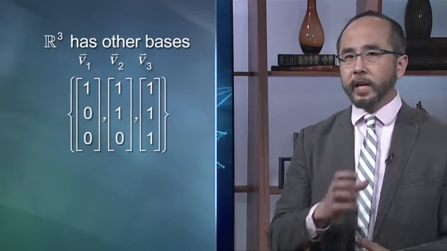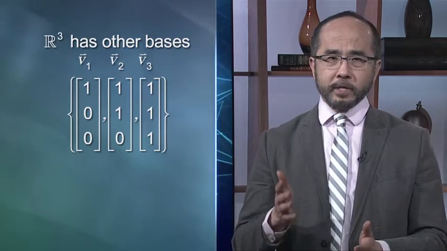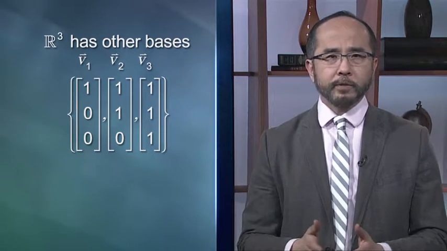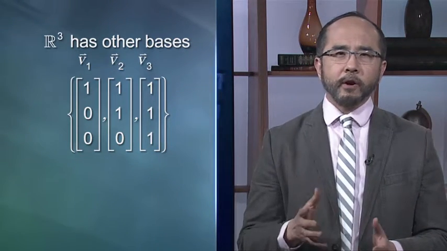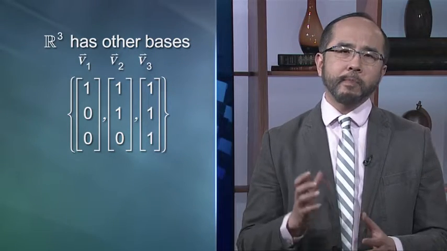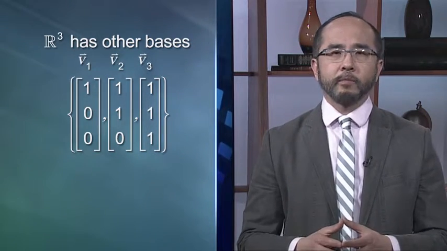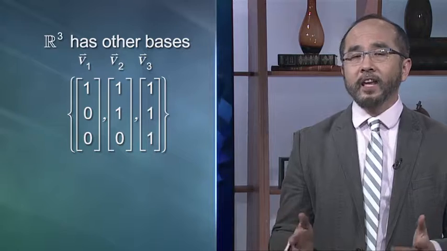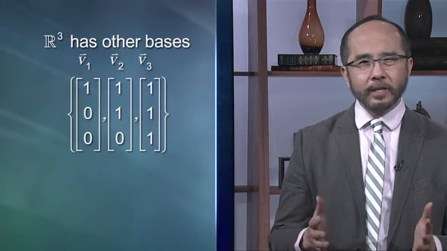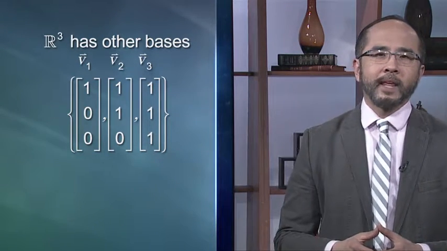Also, the linear system Ax = 0 has no free variables. So Ax = 0 has a unique solution, which must be the trivial solution. So the columns of A must be linearly independent.